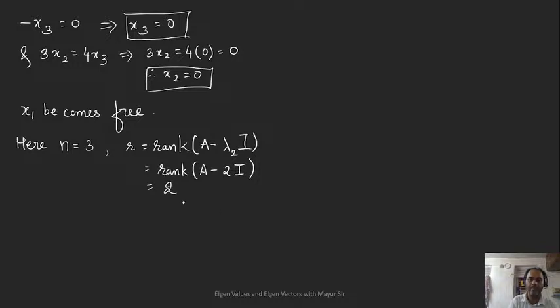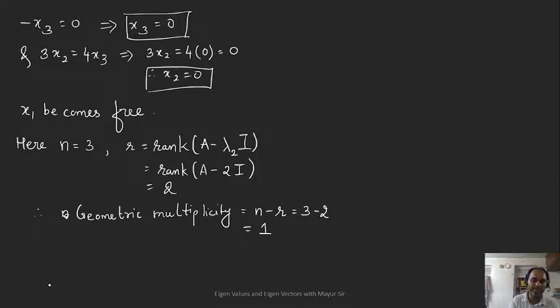Therefore, if we try to calculate the geometric multiplicity, which is n minus r, that is 3 minus 2, that becomes 1. So here it is very much clear.